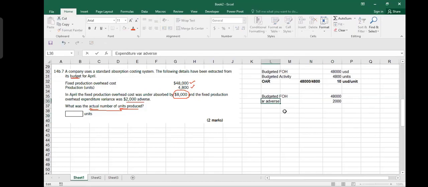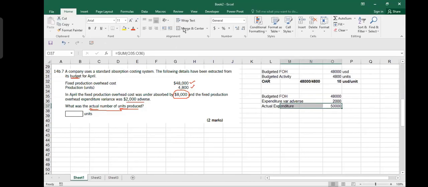Adverse means that you spent more. So you actually spent 50,000, because the budget was 48 and you had 2,000 adverse variance, which means you spent more. So actual expenditure is 50,000.